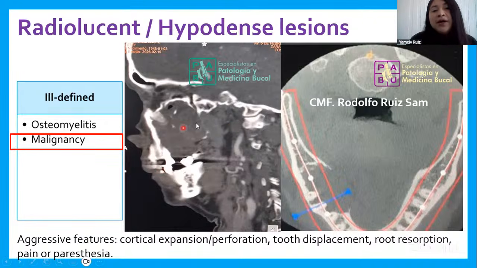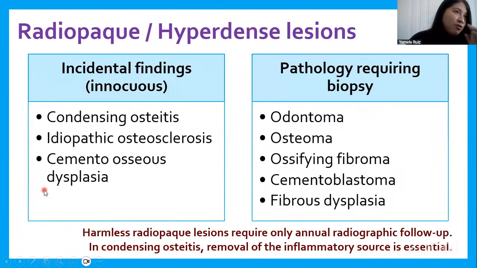In this case, you can see two different tomographies, and we can observe these findings with cortical perforation, ill-defined borders, tooth displacement, and invasion of other tissues, which are very common findings in malignancy. So this is the group of radiolucent or hypodense entities.